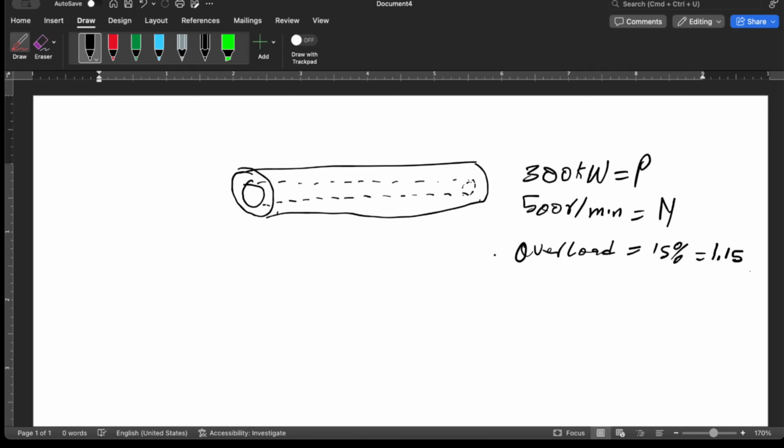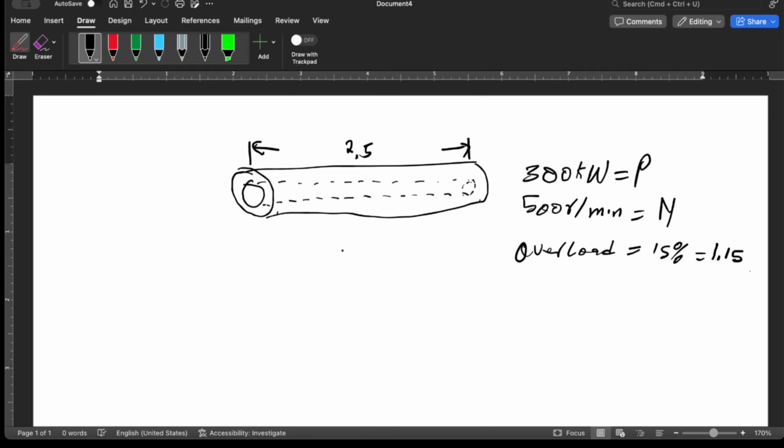They say the shaft supports a pulley placed 1 meter from the left hand bearing. But before that, they say the shaft is 2.5 meters long. So from this end up until this end is 2.5.